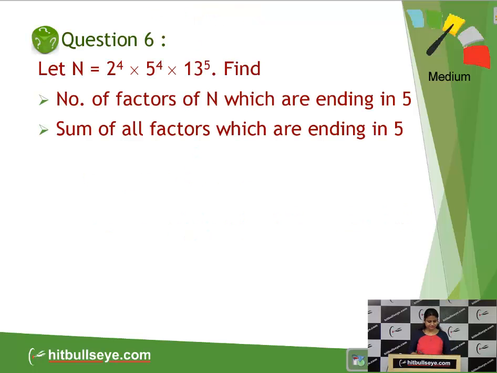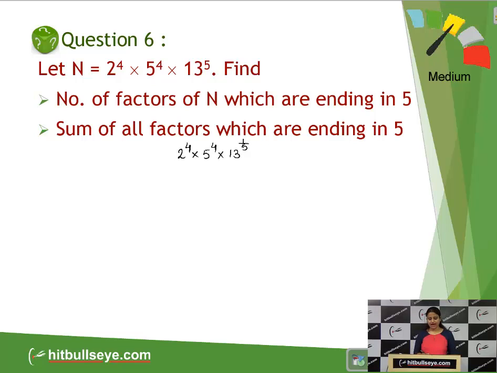Now the next question. Question number 6. Again, we are given a number. We want to find number of factors of n which are ending in 5, and we want to know sum of all such factors. Once again, see, the number is 2 raised to power 4 into 5 raised to power 4 into 13 raised to power 5.